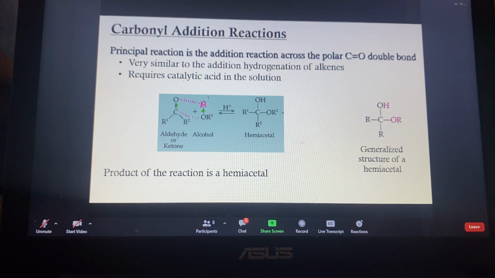The H is always going to hang out with the oxygen, because oxygen is electronegative, hydrogen is electropositive, and so they're attracted to each other. So now you have this OH bond, which is super happy. And on the carbon involved in that double bond, the OR3 always goes to the carbon.